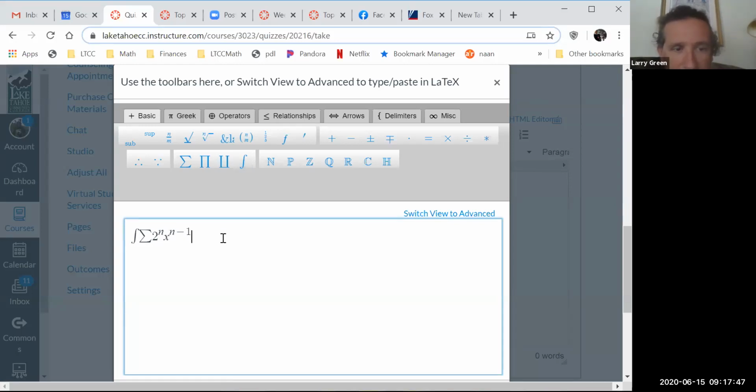But the idea here is that the integral of a sum is the sum of the integral. That's a big theorem, which I didn't prove. Oh, did I forget the n factorial? Yep, thanks. I left it out. I had it and then I lost it.